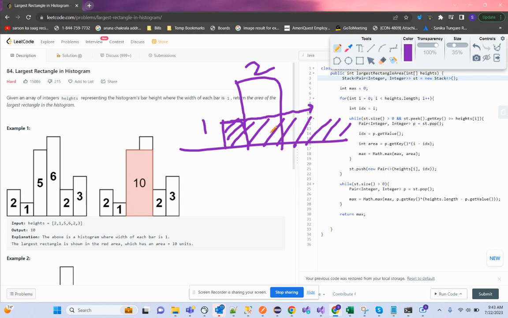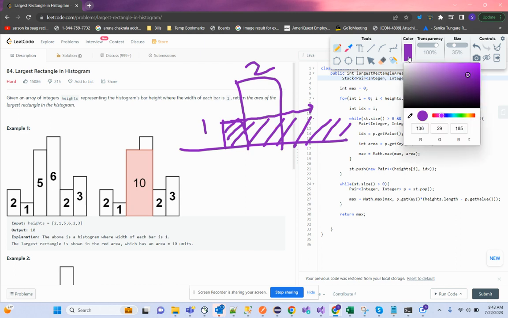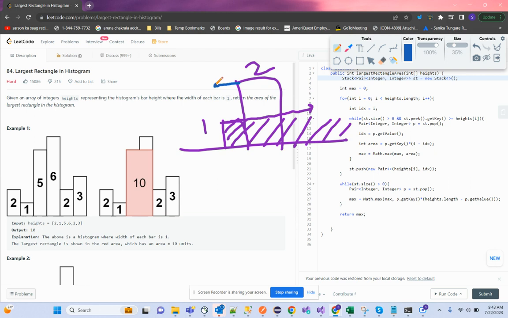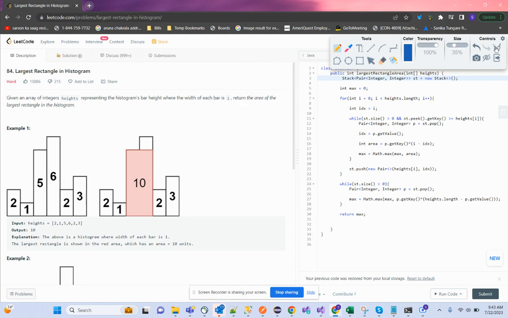But what about 2? Two we cannot extend backwards since there is a smaller height. And we can still go ahead and extend further, there is nothing over here. So area-wise we have to calculate only this particular area, as we cannot extend it backwards.